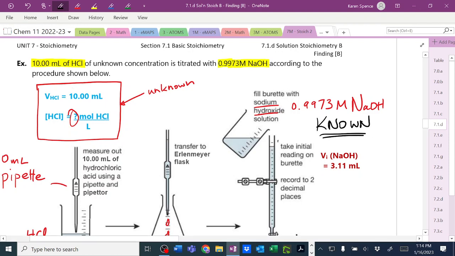Up at the tippy top, there is a 0, and down at the very bottom, there is a 50. So if it says 3.11, remember burettes read which direction? Burettes read down. So we are starting at 3.11 milliliters. That's what it says when you read downward.